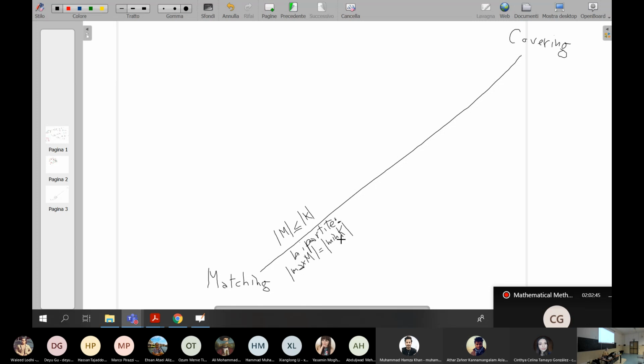in a minimum covering. Now we'll have two more interesting sets, which are these independent sets and edge coverings.